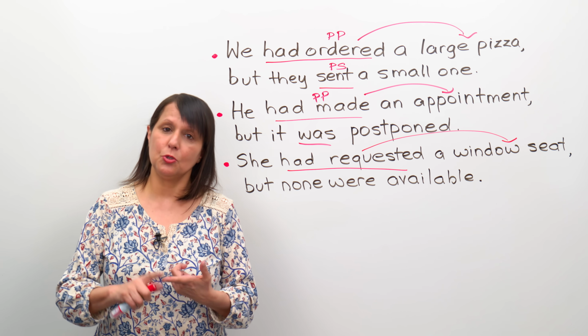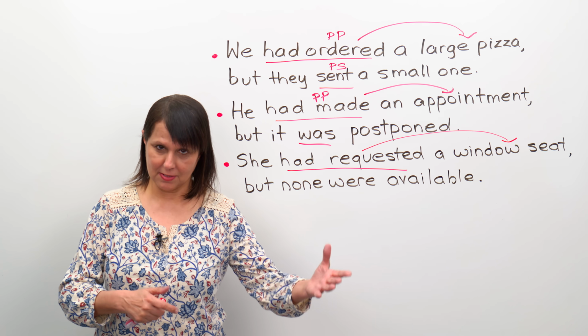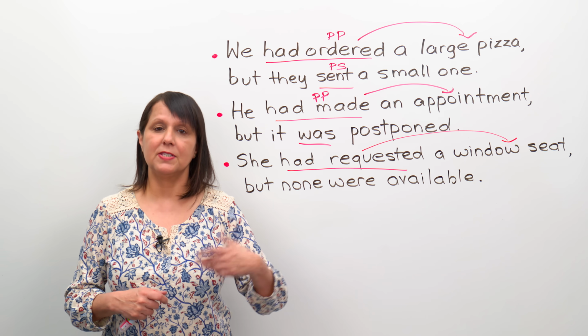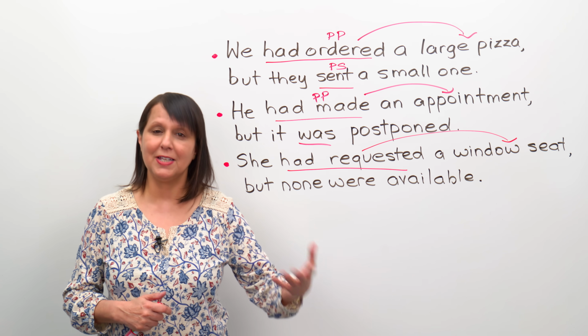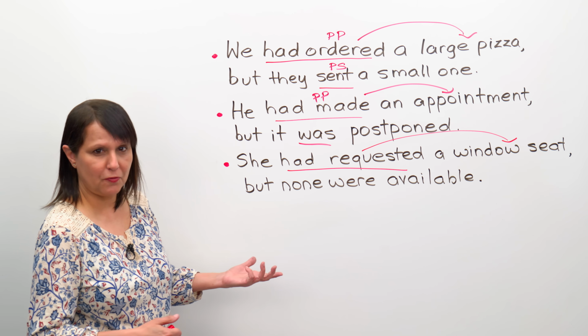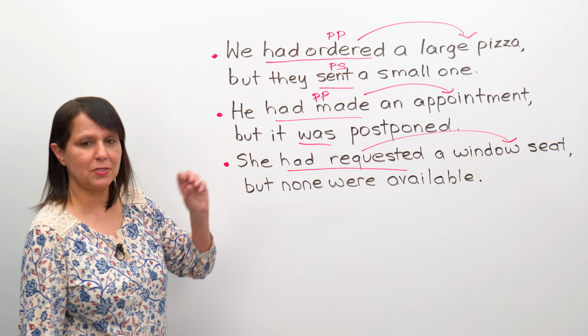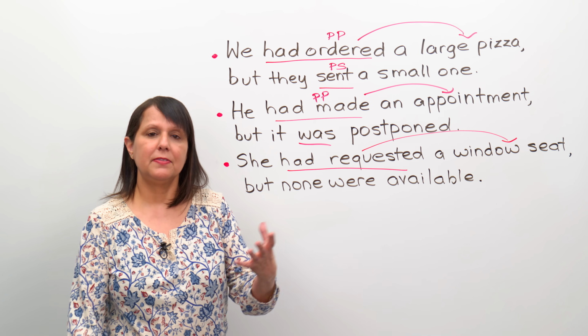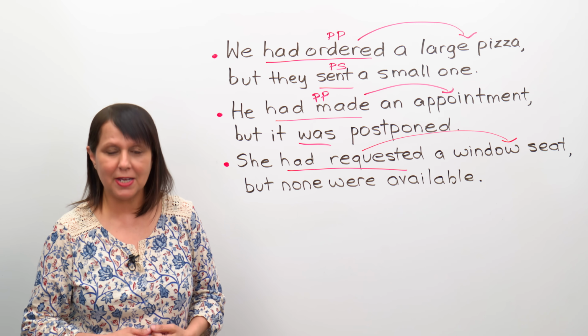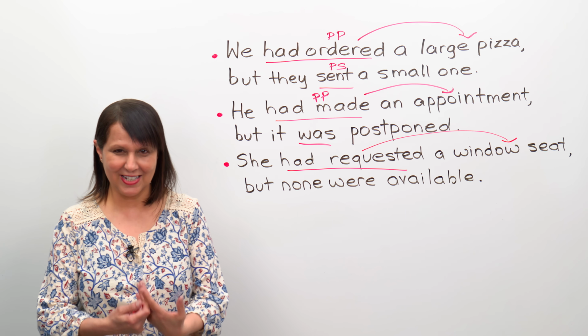Is there something that you had planned to do, but something happened? Is there something that you had hoped to do or see or watch or read or whatever, and something happened, and so on and so forth, okay? So by writing those kind of examples about yourself, this will become a part of you and it will become a more natural part of the way in which you communicate in English.